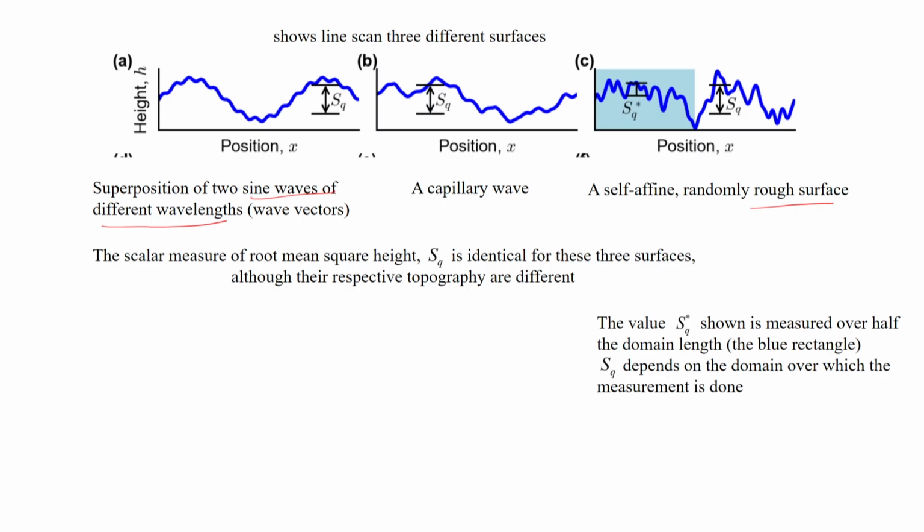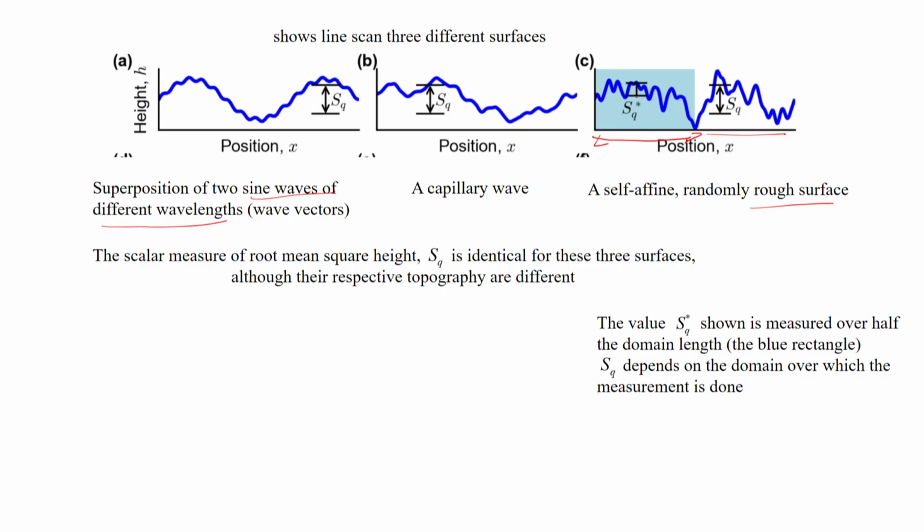So these are all different length scales and different types of surfaces, but having the same SQ, the RMS roughness. And if, instead of taking the whole range, you take only this length, you will see that the RMS roughness is now halved, different.